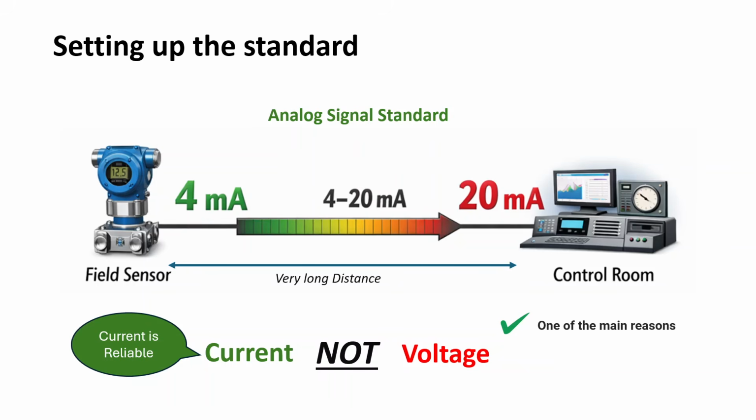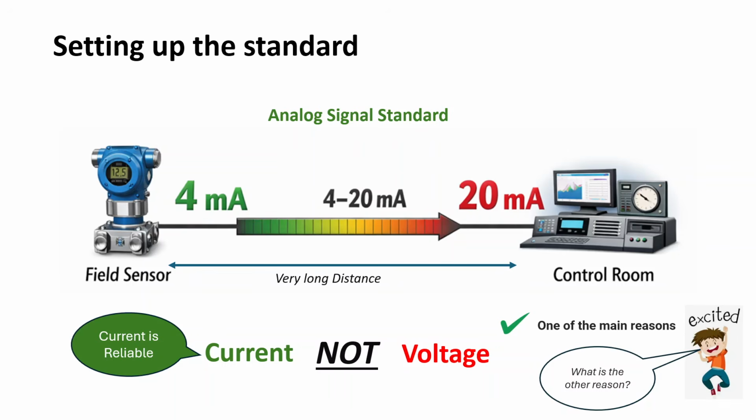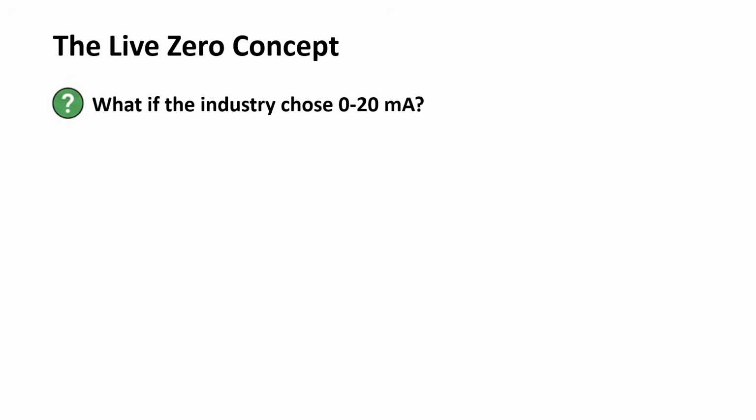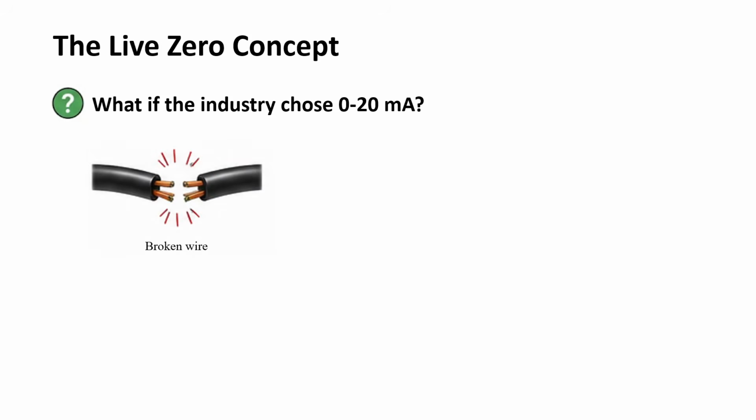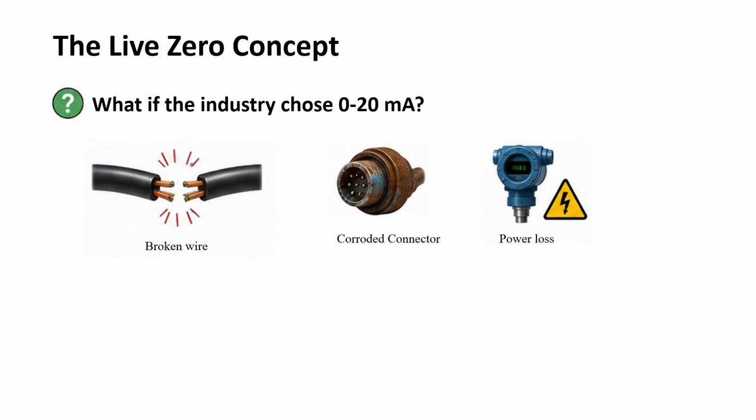But the real genius isn't just that it uses current, it's where the signal starts. Let's imagine, just for a moment, that the industry had chosen a 0 to 20 milliamp signal instead. Now, picture this. A wire breaks, a connector corrodes, or the transmitter simply loses power.